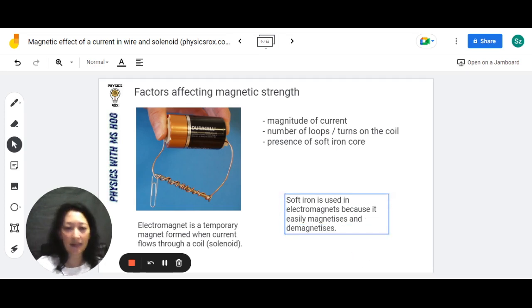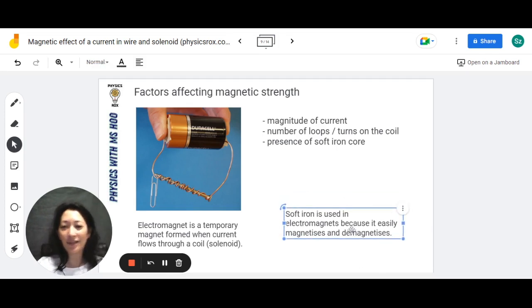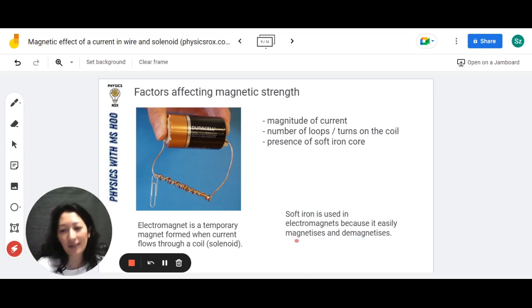Sounds very physics-y, right? Because when you use physics-y words, you sound so much smarter. The term magnetizes and demagnetizes here just means that it gains its magnetism easily and loses its magnetism easily. That's how we can describe the reason for using soft iron.